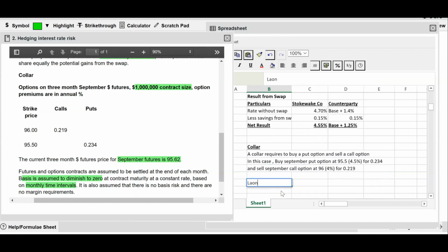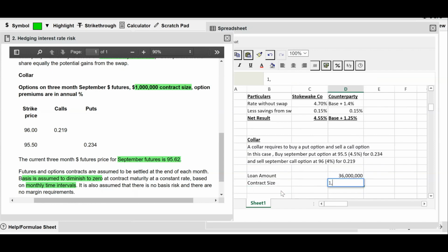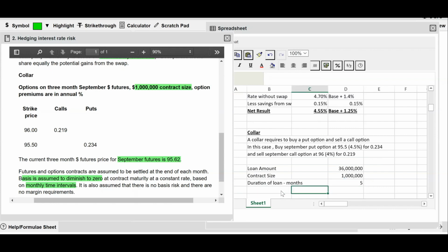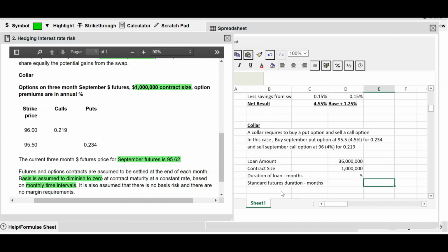Now, just to document the loan amount in order to calculate the number of contracts: the loan amount is 36 million, and we've got the contract size from the question to be 1 million. Further, the duration of the loan is 5 months, and be careful, the standard futures duration specified in the question is 3 months.